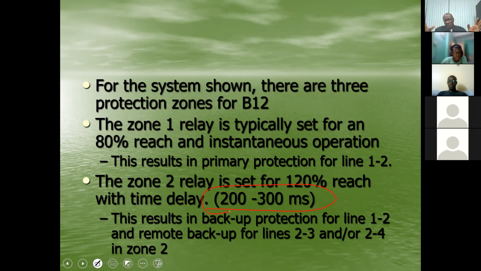But I am oversimplifying, because you also have to consider that there would be a relay at Cane River looking back at Hope, so that you have the overlap. So the fact that it's zone 2 doesn't mean that it is on the adjacent line. It just means that it is beyond the 80%. But beyond 80%, you still have 20% on the protected line. All right? I will refer to that as the in zone. But don't worry, we'll come back to it.